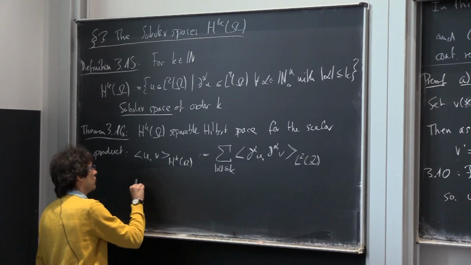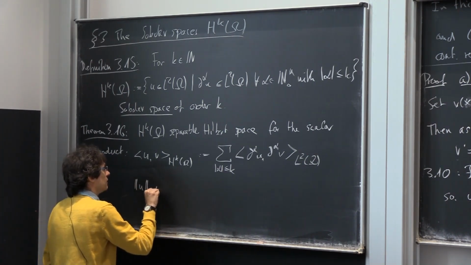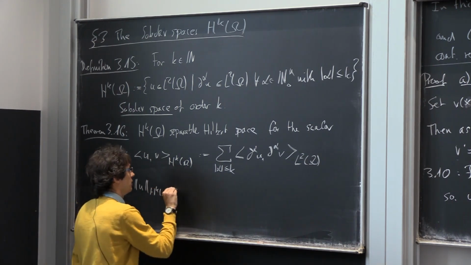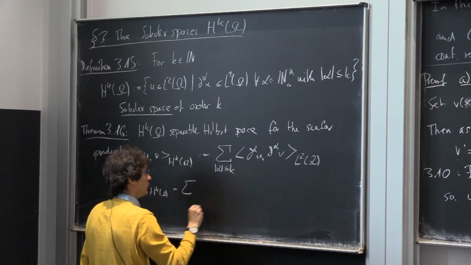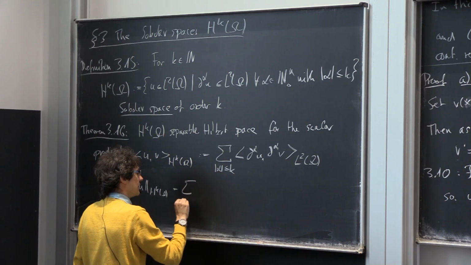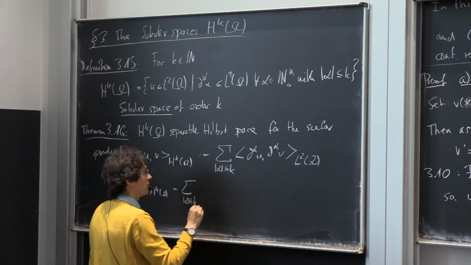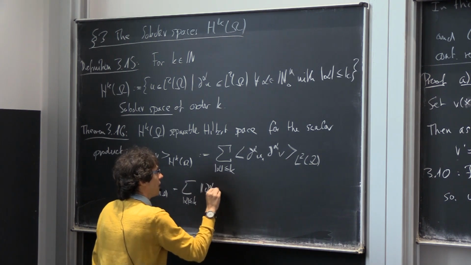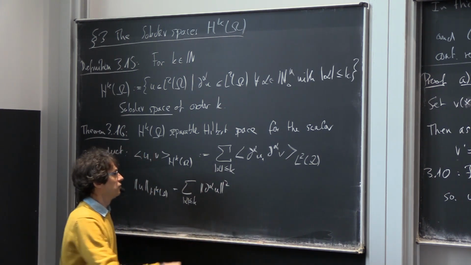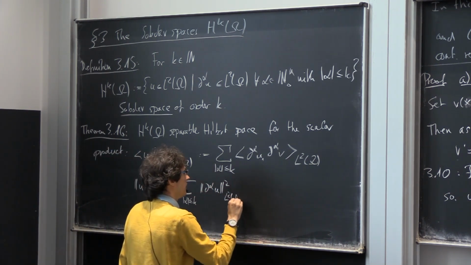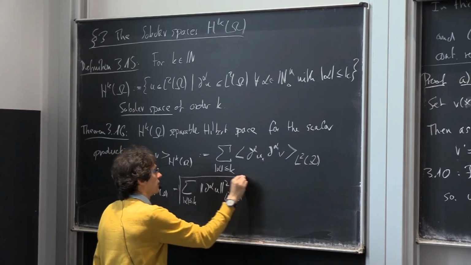It turns out to be: you put in u, u and take the square root. So take the sum over all multi-indices of length up to k, take the square of the L2 norm of the alpha derivative, sum them all up, and then take the square root.